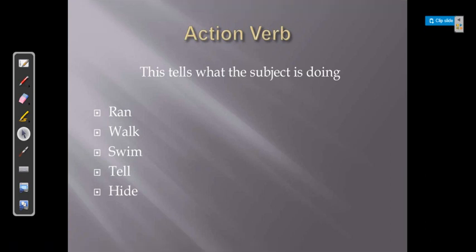He ran fast. He walks fast. He can swim. He tells a story. He hides something. Action verbs tell you what the subject is doing.